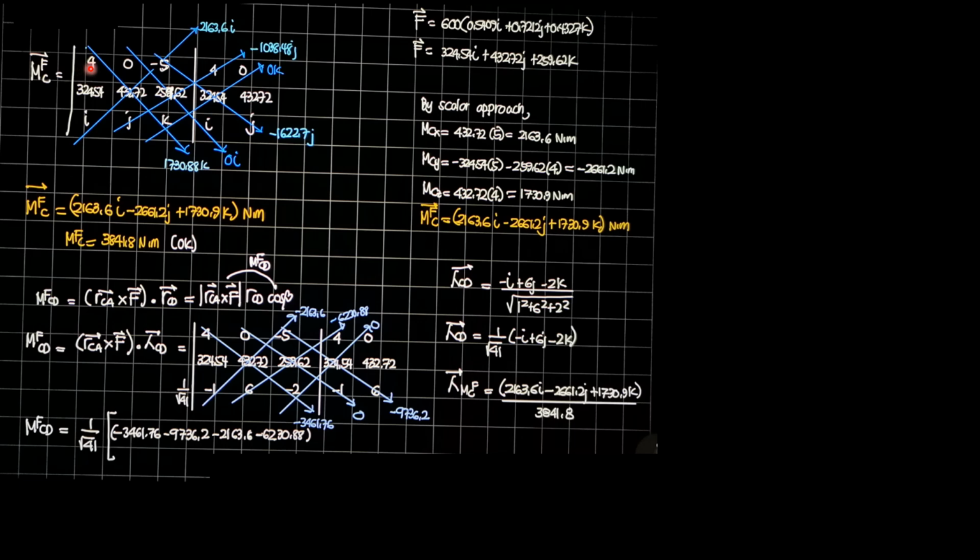Components of RCA: 4, 0, negative 5. Components of the force, then IJK, copy.